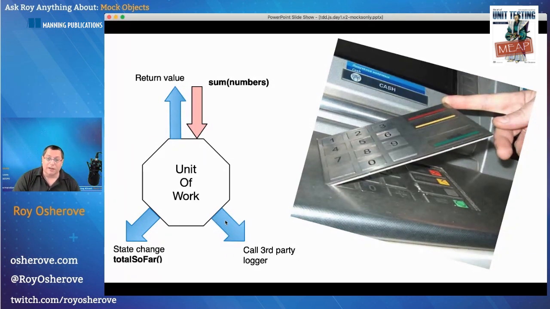So technically, that's 3 units of work, or the same unit of work has multiple exit points, but each exit point represents an expectation, a requirement in my application. Hopefully that makes sense, and that answers the question.